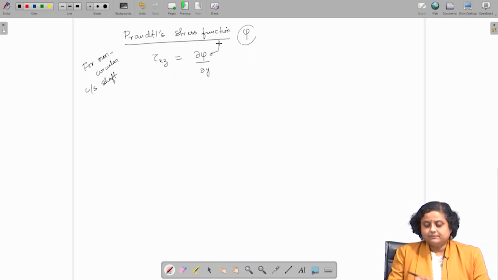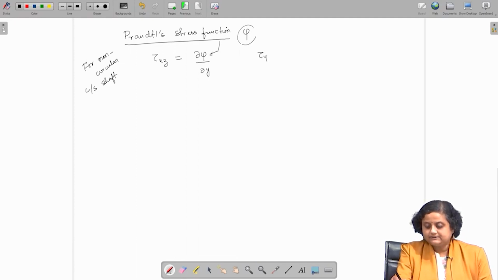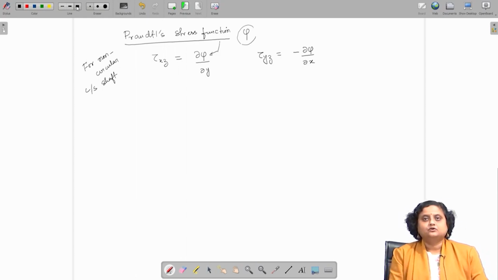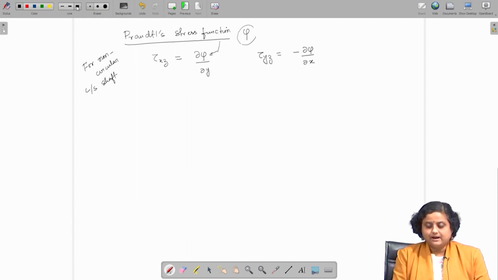Similarly, tau yz, let me define it as minus del phi by del x. So, these are the assumptions that we are making.